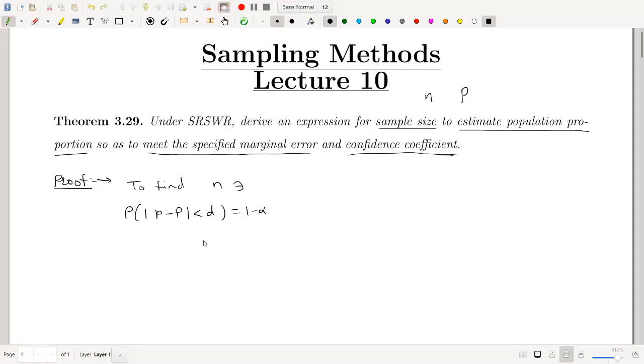We know under SRSWR sample proportion is an unbiased estimator of population proportion. And variance of sample proportion is capital PQ upon small n.